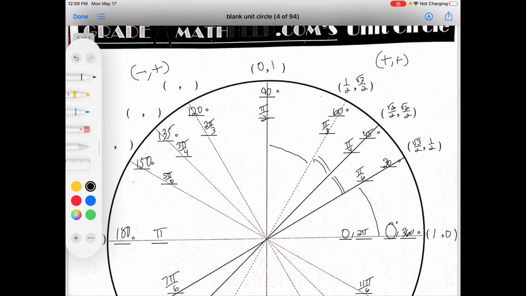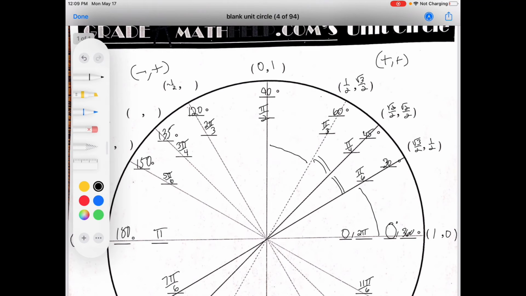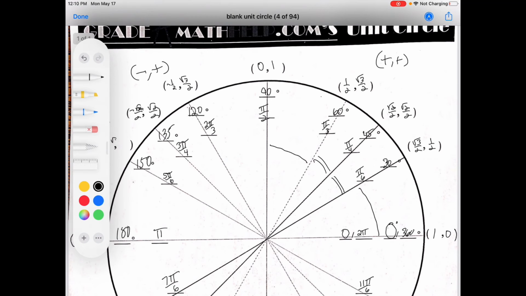So at 120, it's going to be negative 1/2, positive root 3 over 2. And then at 135, right in the middle, that's negative root 2 over 2, positive root 2 over 2.